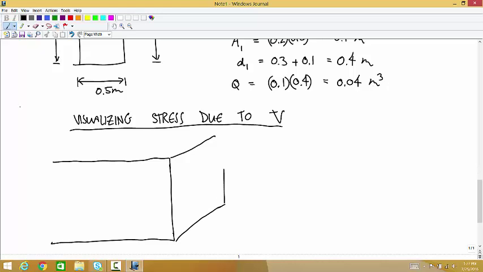So there's the end. And the shear force is acting like this. And we're calculating shear stresses along a line like this. And so let's pick out one stress element and think about what that looks like.